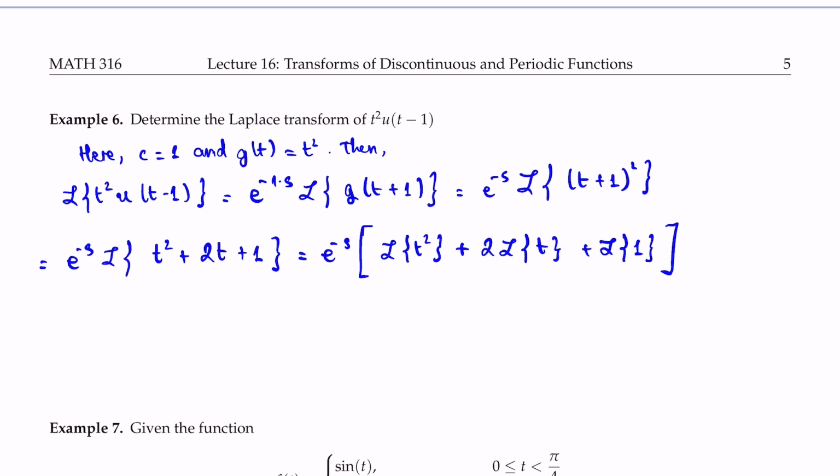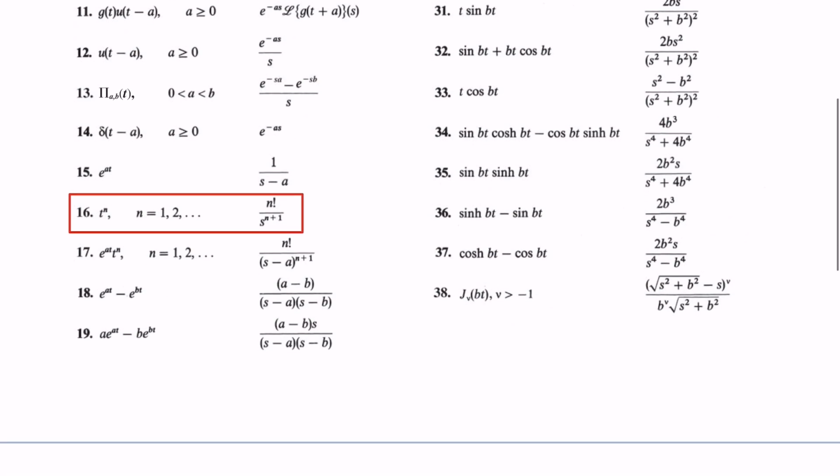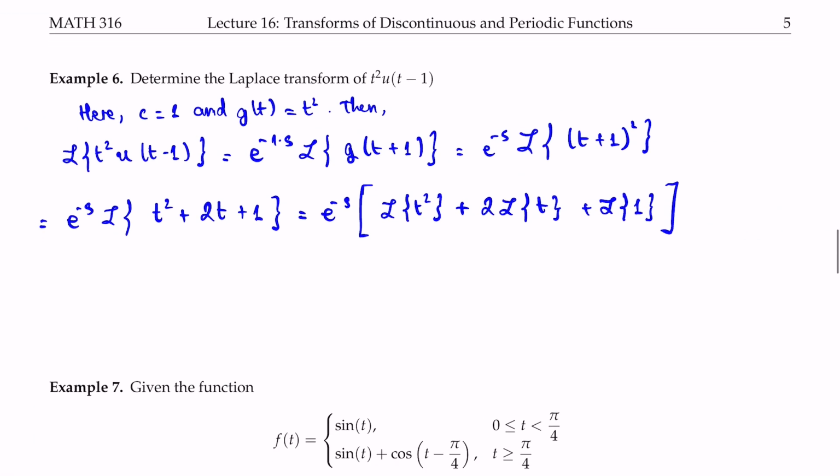Now for the Laplace transform of t squared, let me go back to the Laplace transform table again. So for the Laplace transform of t squared, n is equal to 2, so you have 2 factorial over s to the power 2 plus 1, or 2 over s cubed. So the Laplace transform of t squared is 2 over s cubed.